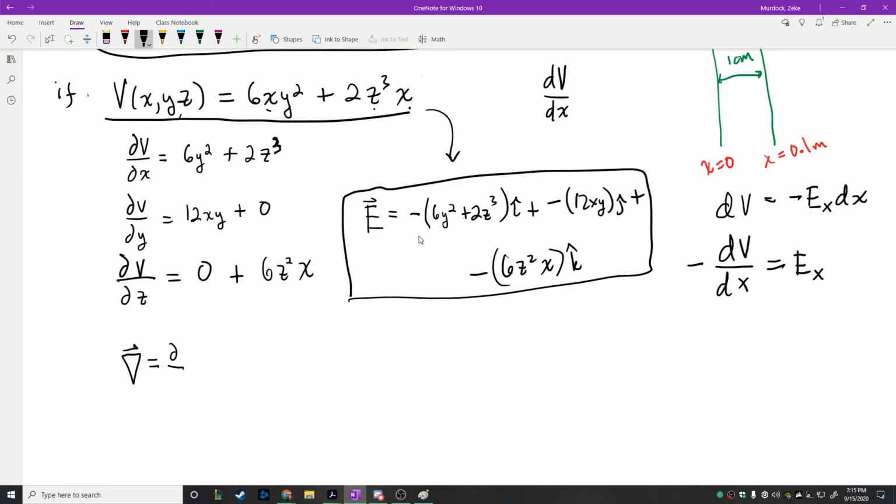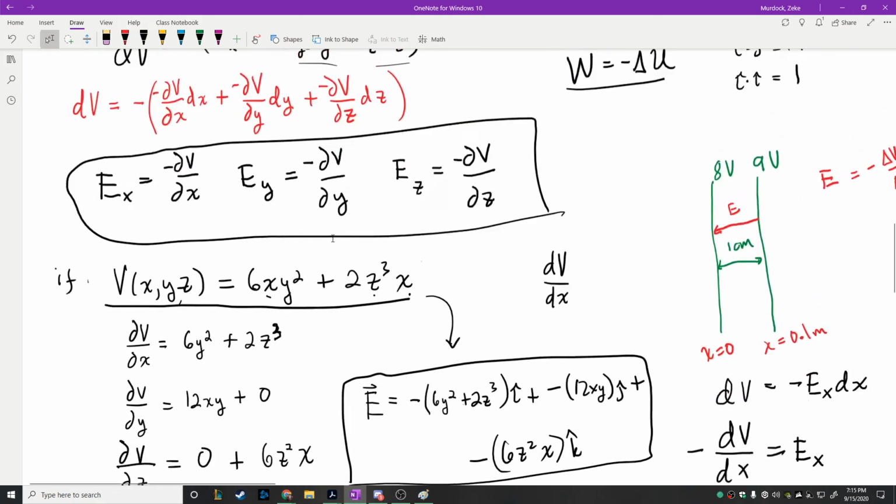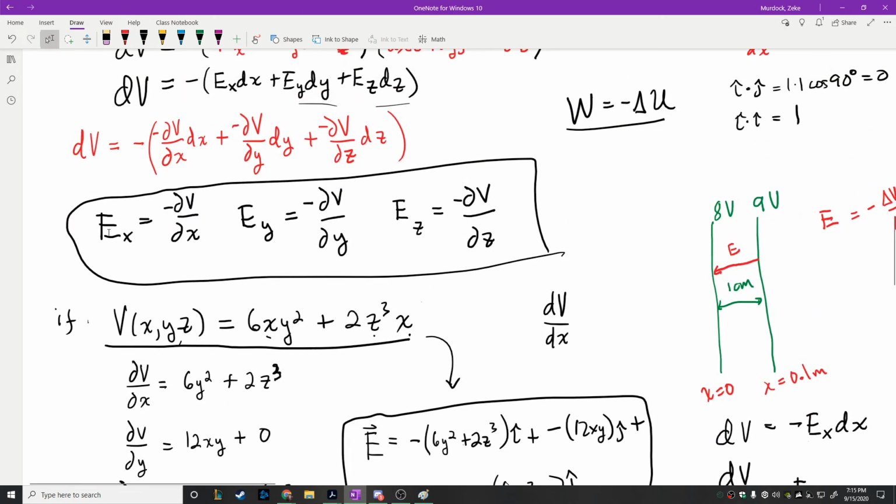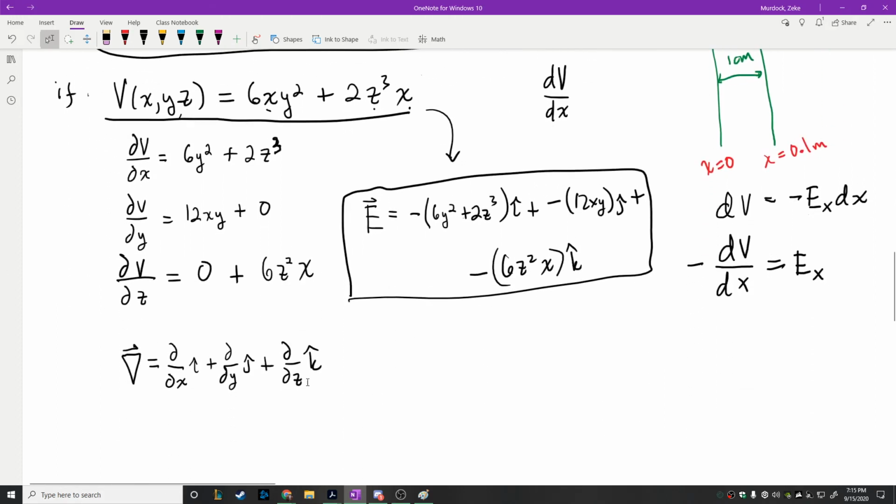And what it does is you write this basically: del x times i hat plus del y times j hat plus del z times k hat, and then that long expression that we have right here. Well, where's my cursor? I lost it. Right there. Then we can just write it like this.